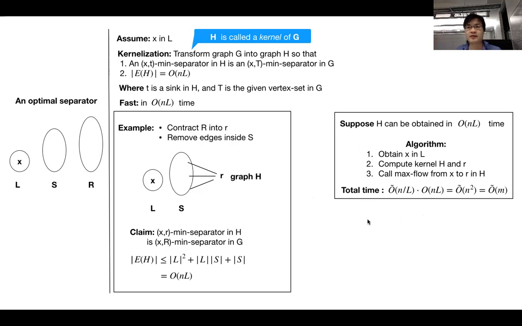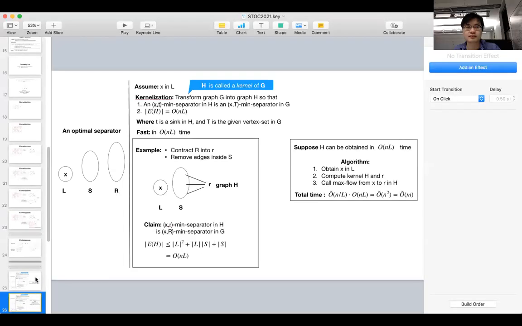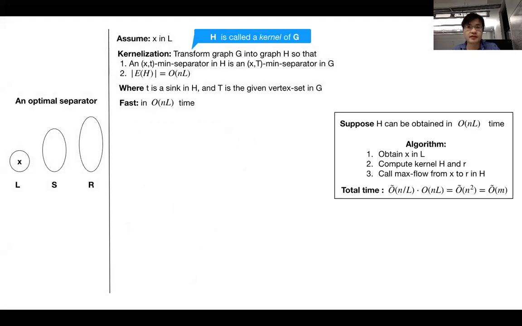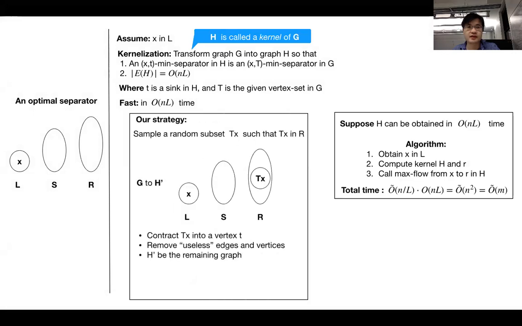So in our paper, what we do is the following. We remove, we replace with this.